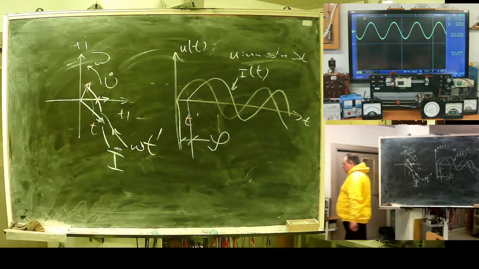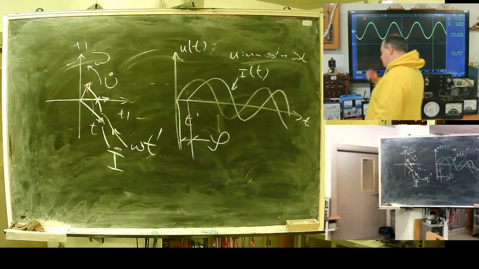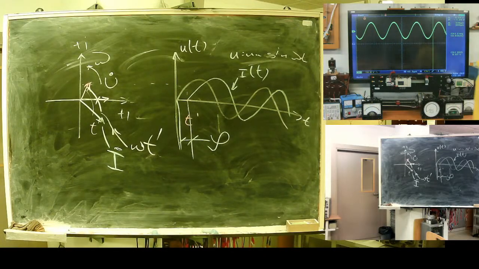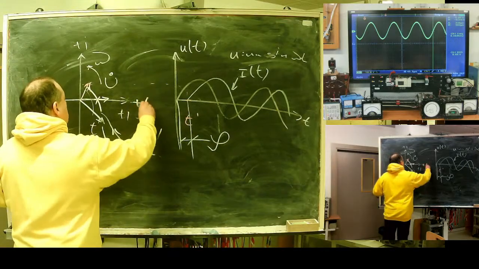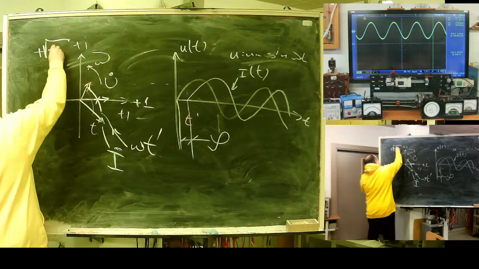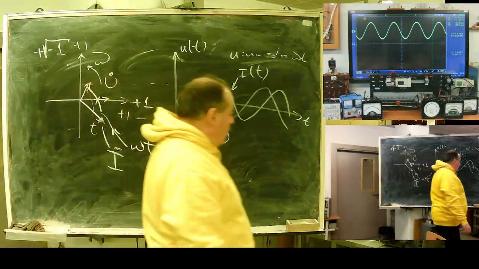So for every voltage or current, somewhere in the complex plane, in coordinates +1 or real part plus square root of -1, imaginary part. Now, a question.